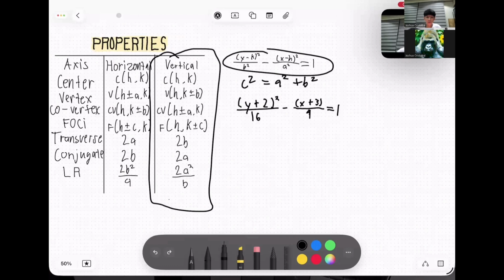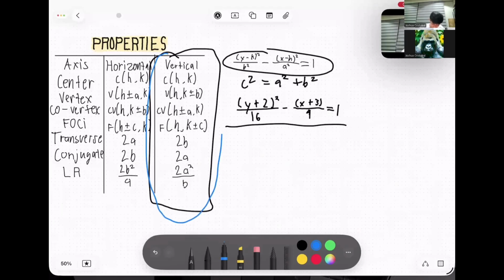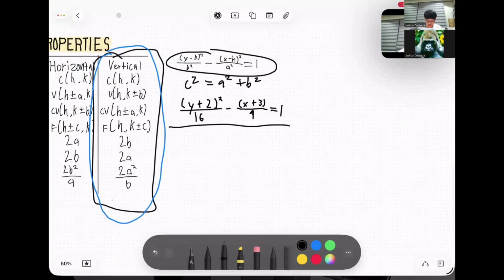The next thing that we will do is to get the properties of a hyperbola given its standard form. Here we have an example of a hyperbola that is vertical. So that means we will be using this for our solving. The first thing I do is solve for c. The value of c is given by the equation c squared equals a squared plus b squared.